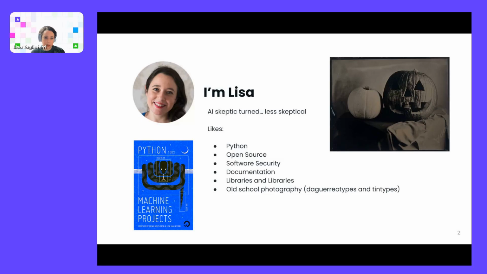I did a lot of work with machine learning tools in the pre-Claude era. I like software security and documentation, as you might suspect. I like libraries, and by that I mean the old school book libraries, and also libraries as in packages. And we have a Chainguard Libraries product, although we'll be talking about that in the next learning lab. I also like old school photography, like daguerreotypes and tintypes. And here is a tintype that I made a few months ago of a jack-o'-lantern.